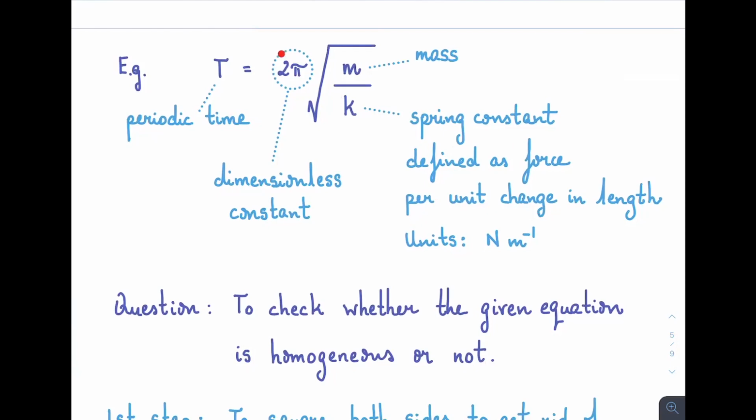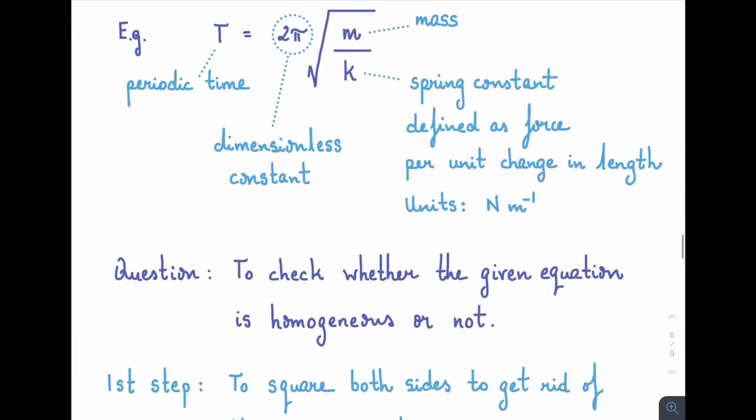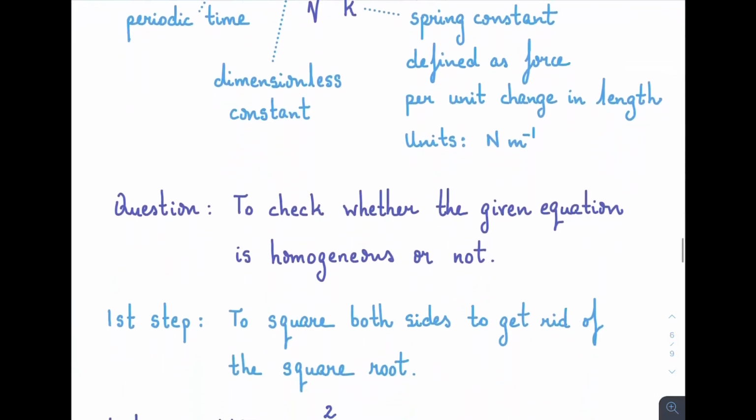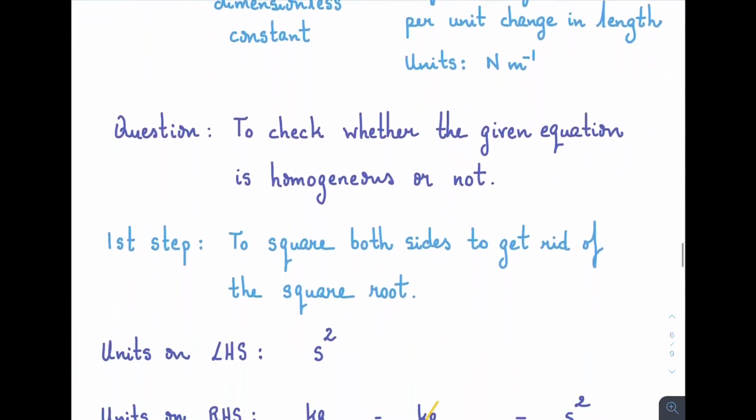An important thing to notice is this number here, 2 pi, which is called a dimensionless constant. As we said before, dimensionless constants carry no units. So for this exercise, these can simply be ignored. Now the first step is to square both sides to get rid of the square root.